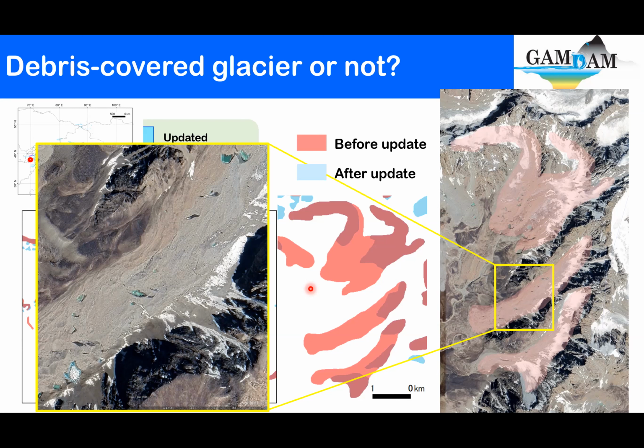So fully agreed, it is simply not possible in many cases to say, oh, this is a rock glacier, let's kick it out, and this is just a debris covered thing. So it's really, as Akiko has described, a continuous transition.